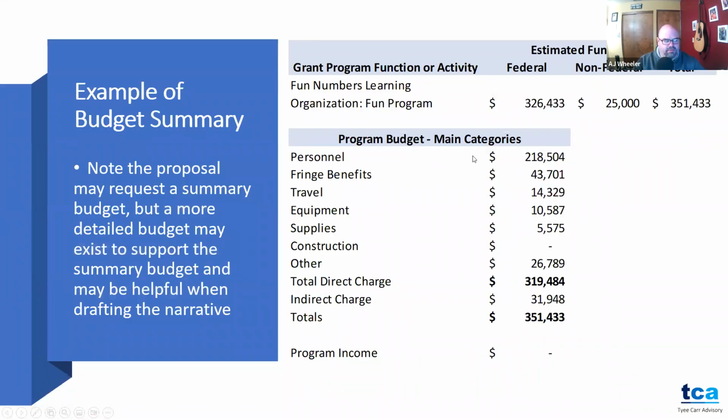It's very truncated: what's personnel, what's benefits, what's travel, what's equipment, supplies. We're talking about a very condensed budget here, and that's usually what funders want to see.